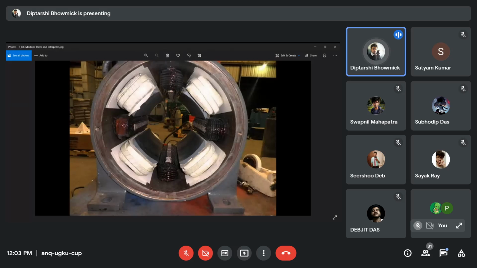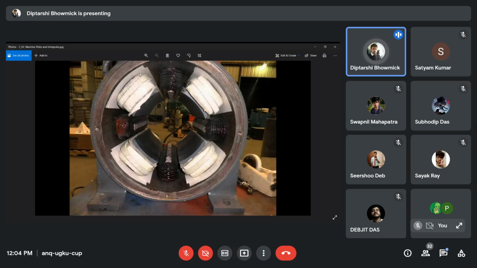To produce the required amount of flux, we need the required amount of MMF. If the current is small, then by increasing the turns, the MMF will be the same. Clear?